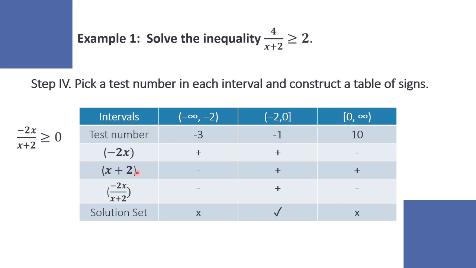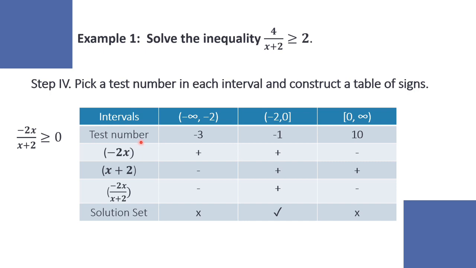In the first column are the intervals, the test number, then the numerator of our inequality, negative 2x, the denominator x plus 2, the expression negative 2x over x plus 2, and the solution set. The 3 intervals are negative infinity to negative 2, then from negative 2 to 0, and from 0 to positive infinity.